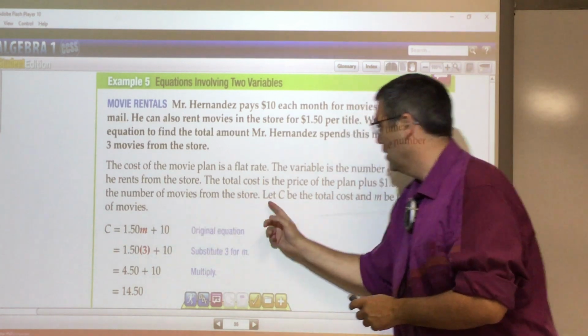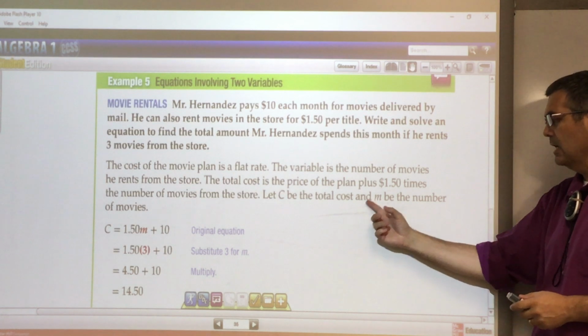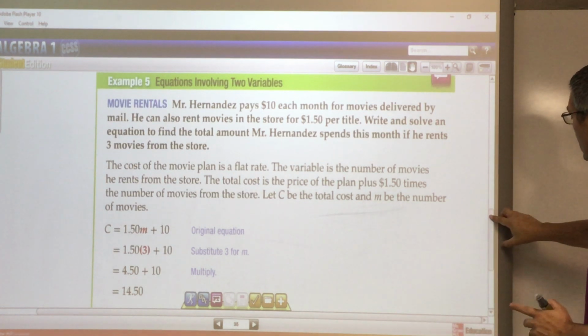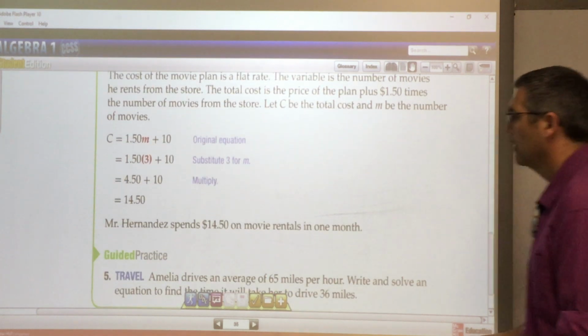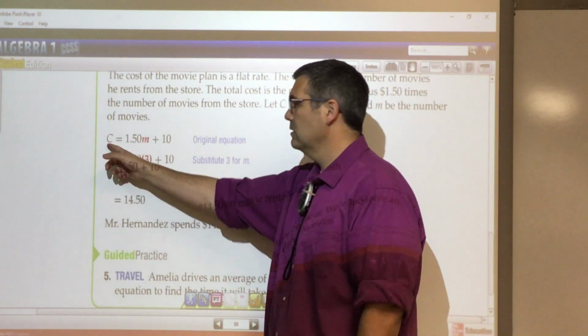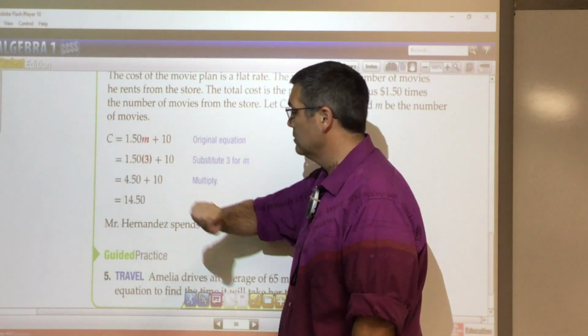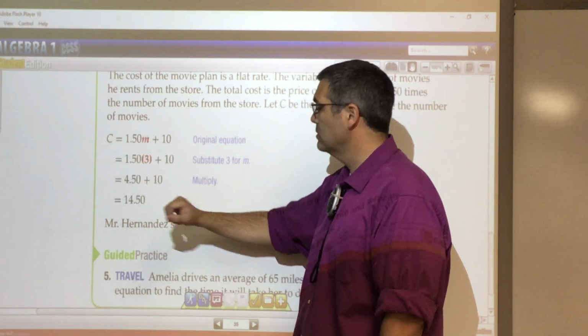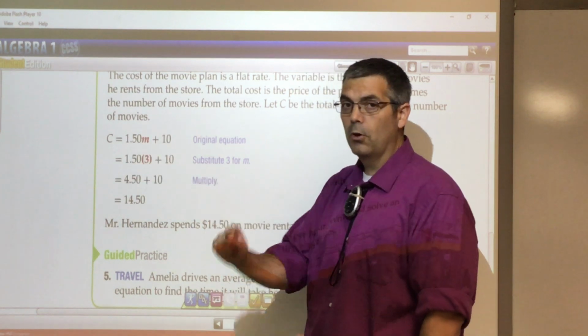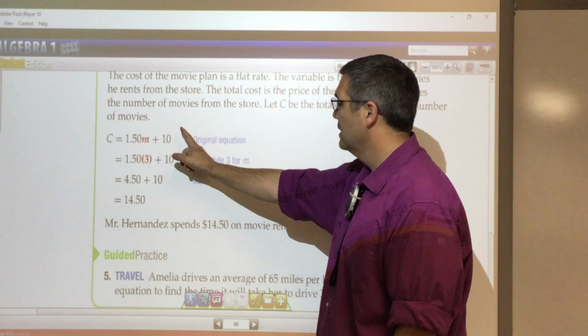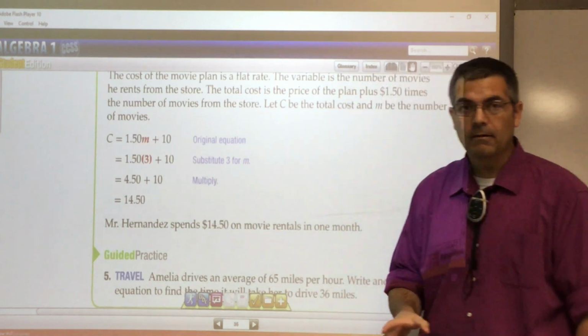Let C be the total cost and M be the number of movies. Okay, so what we can do is say C, the total cost. I would have used T because it made more sense to me, but whatever. They told us to use C, so we use C. C equals $1.50 per movie, $1.50 times M plus 10, the flat fee.